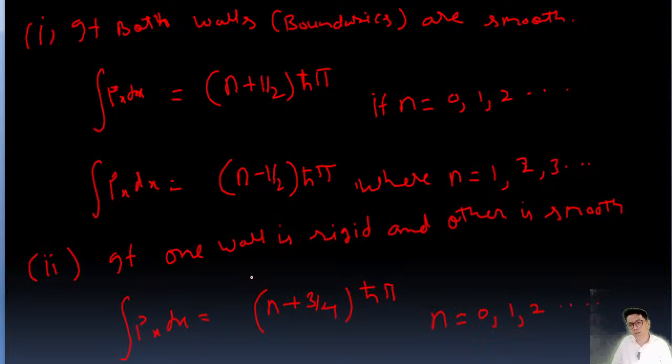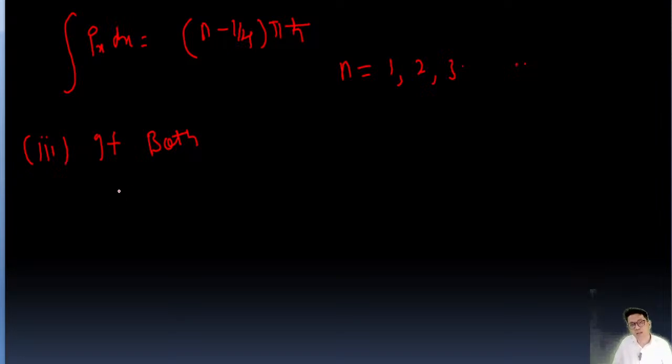And if one wall is rigid and the other is smooth, then for n starting with 0 it is n plus 3 by 4 h cut pi, and the integral of p dx is going to be n minus 1 by 4 pi h cut when n starts with 1, 2, 3, 4. Okay, this is the one.